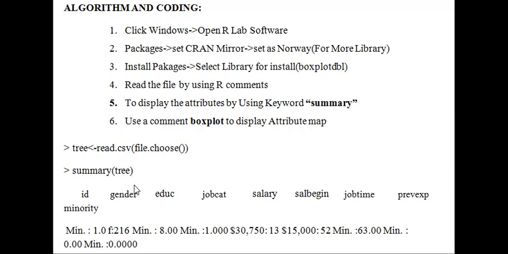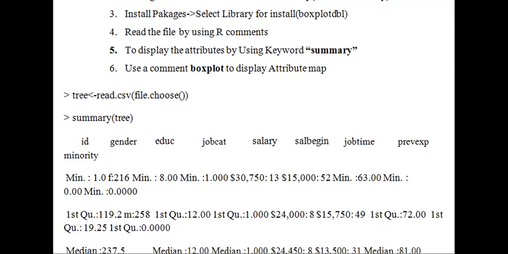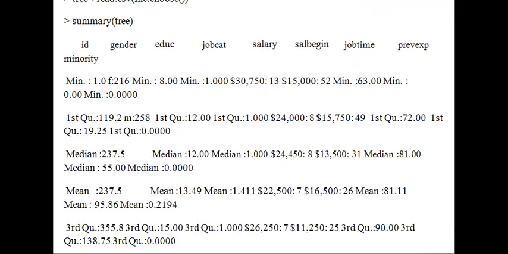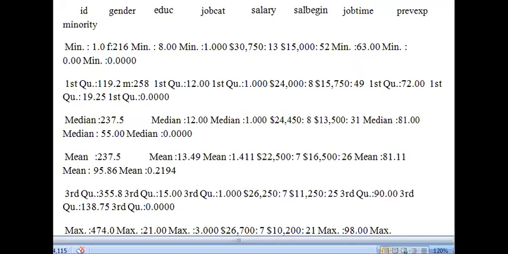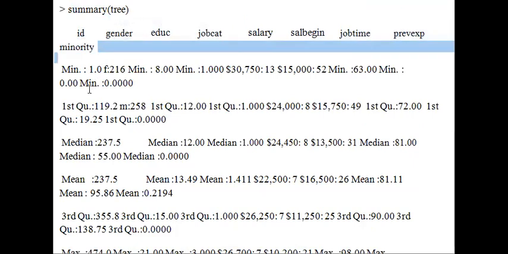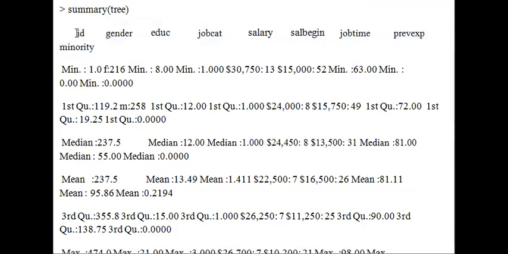By the function of summary of tree, the data set will appear. Whatever is in the Excel sheet in the file, all the attributes can be found in the runtime program. By the function of summary tree, we get all the information from the data set.